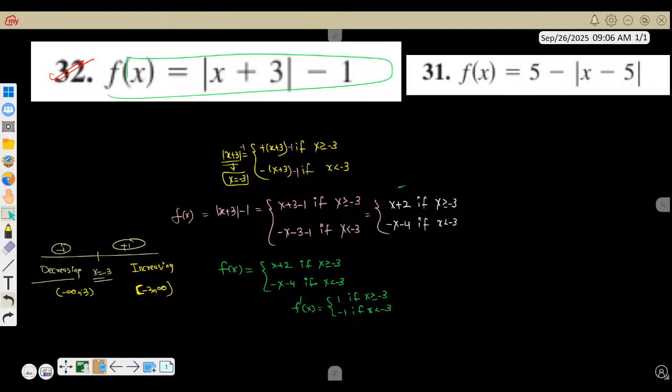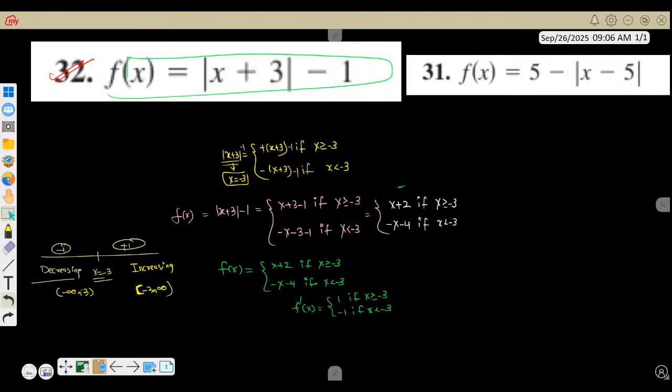Because it's negative in front, is it x plus 5 and x minus 5? First of all, tell me the point where the function is changing. How did I find the x in the last question, where I wrote x greater than minus 3? How did I get that x equals minus 3?